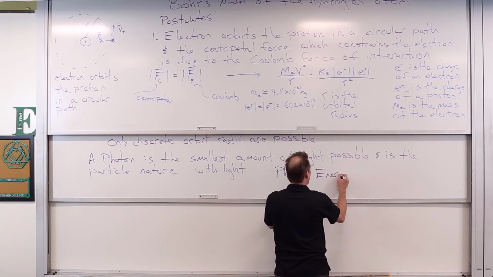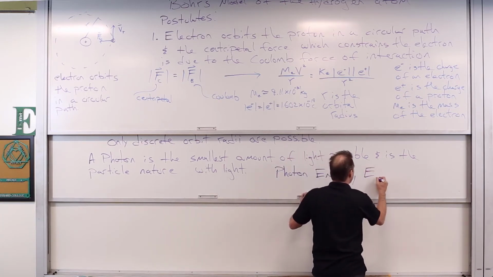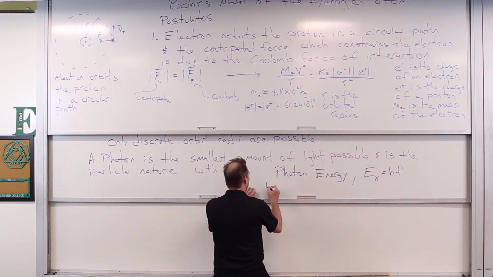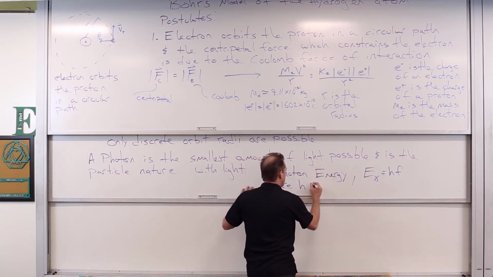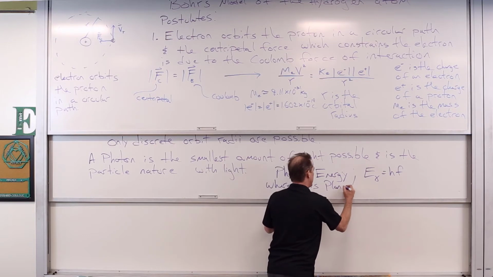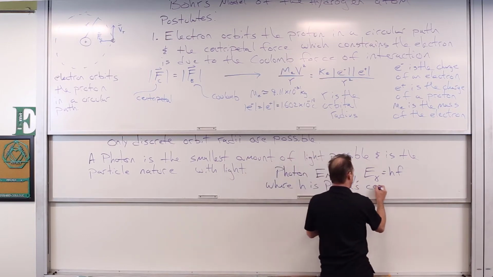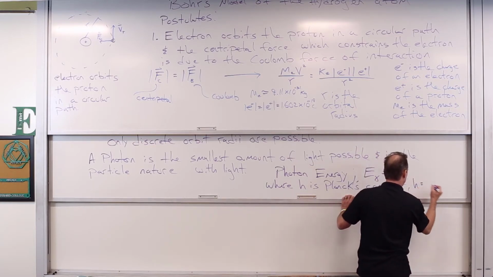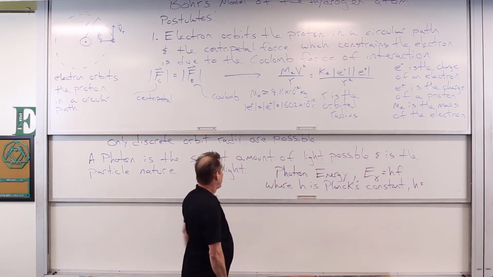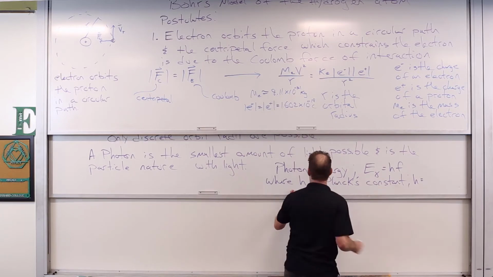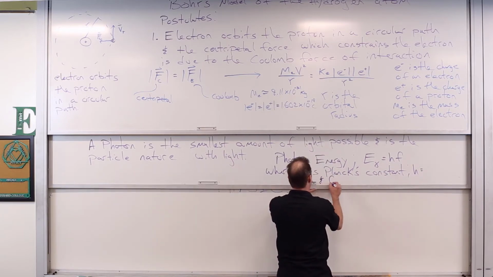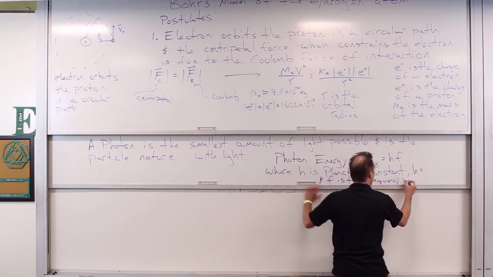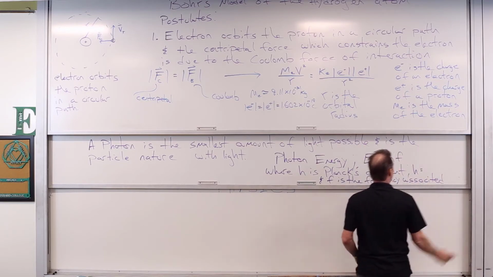Photon energy, E sub gamma is equal to h times f, where h is Planck's constant, I've got to remember what that is, and f is the frequency associated with the light.